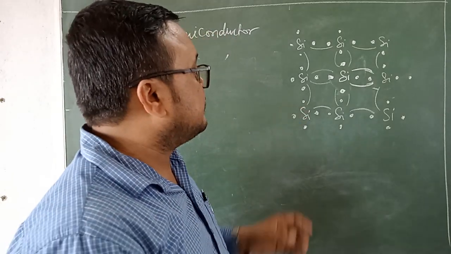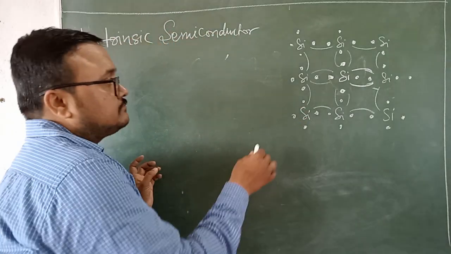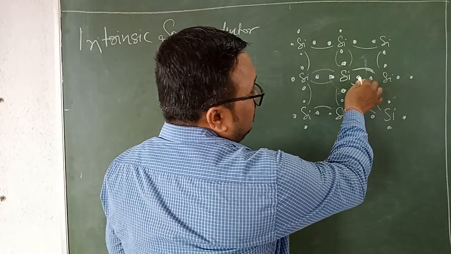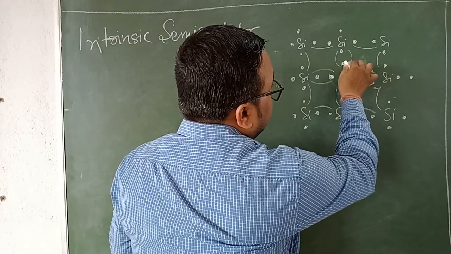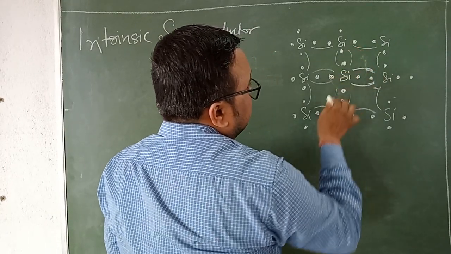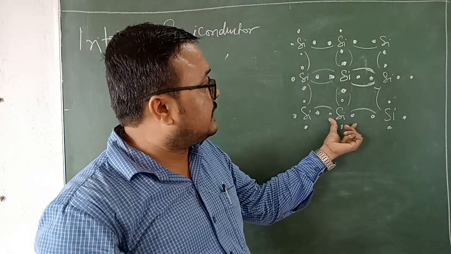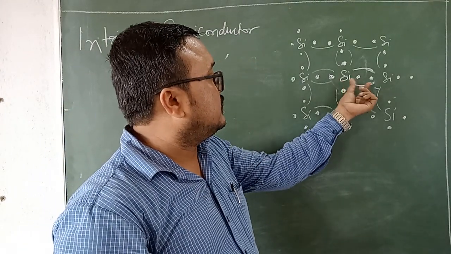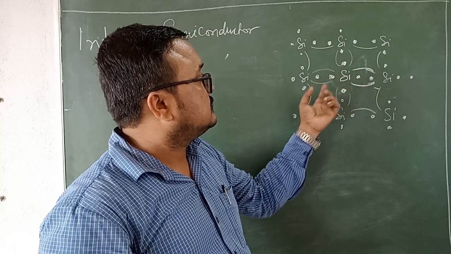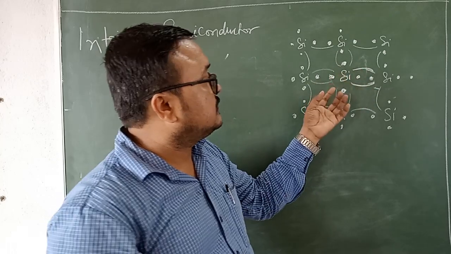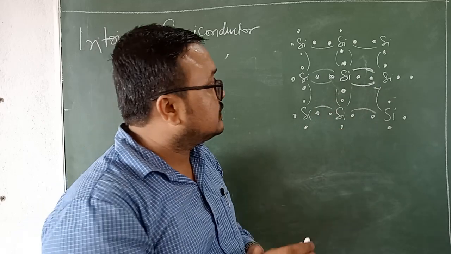In this pure semiconductor, at low temperature, all four electrons are bonded with neighboring atoms by covalent bonds, meaning four valence electrons form covalent bonds by sharing.